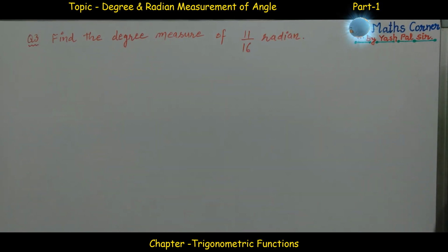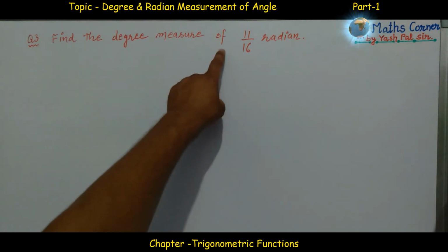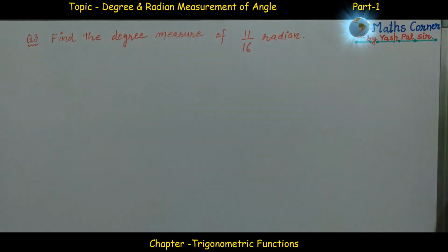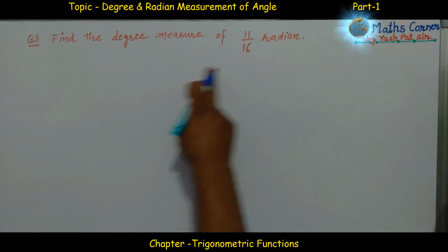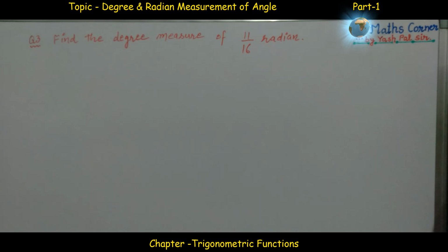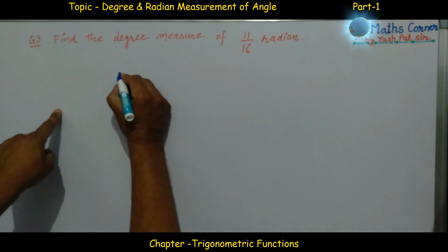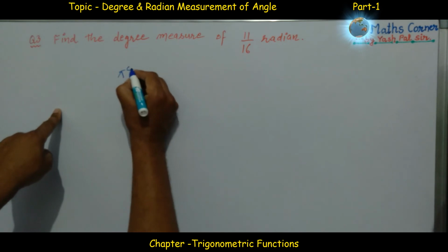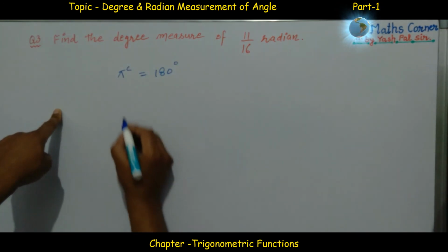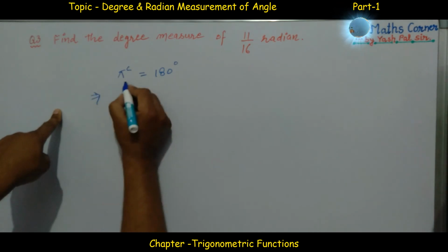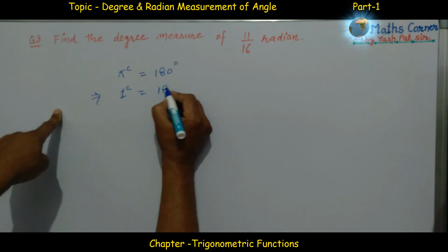Now our next question is question number 3. Find the degree measure of 11 upon 16 radian. From this radian measurement, how to convert into degree measurement? So the rule is, we know that pi radian is equal to 180 degree. So from here we can conclude 1 radian is equal to 180 degree divided by pi.